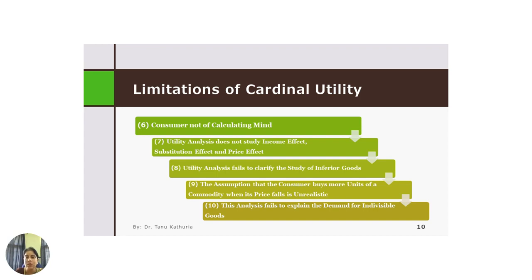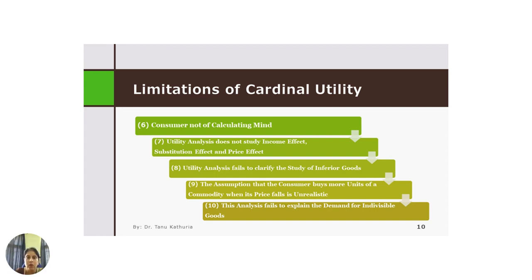So this assumption will not hold when you measure the concepts in money terms. This analysis also fails to explain the demand for indivisible goods. When I cannot divide the goods, I cannot measure their utility.